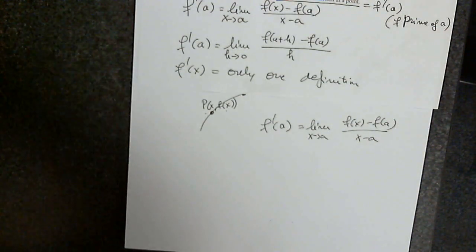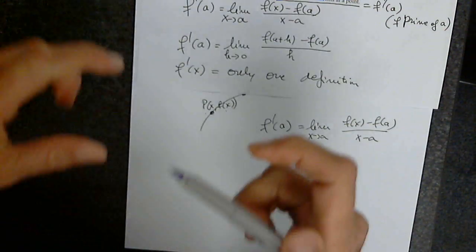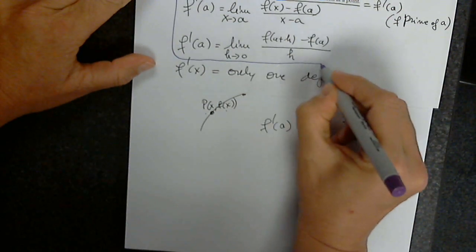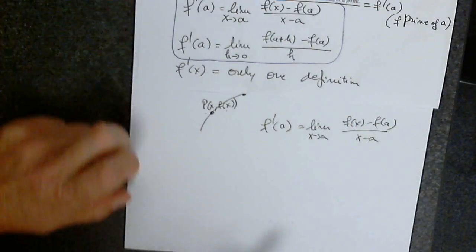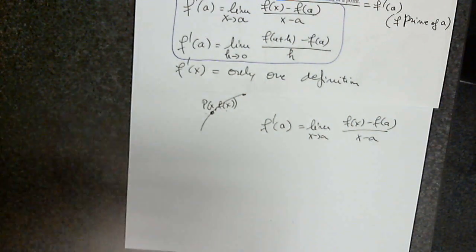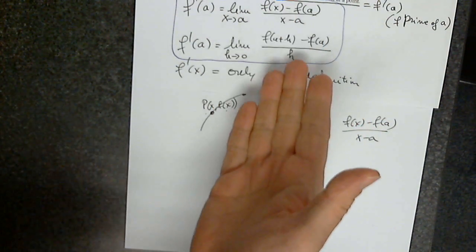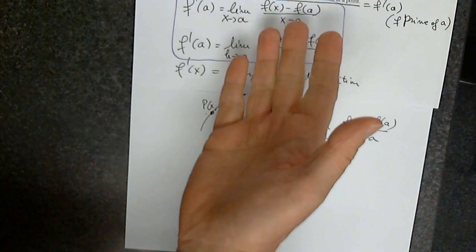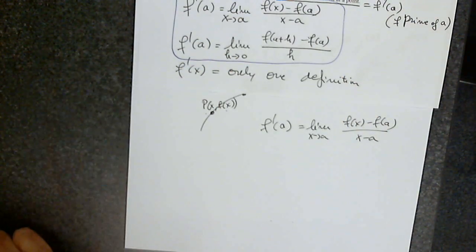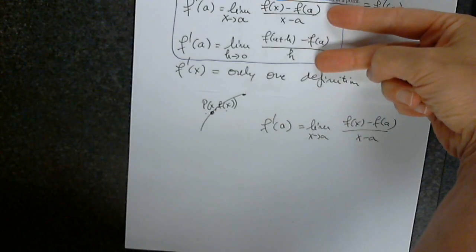So these are the two definitions. You're not forced to use one over the other. As I mentioned last time, some functions work faster with this, some work faster with that. Some are better with this definition, some are better with this definition. But you're not forced to use either one.